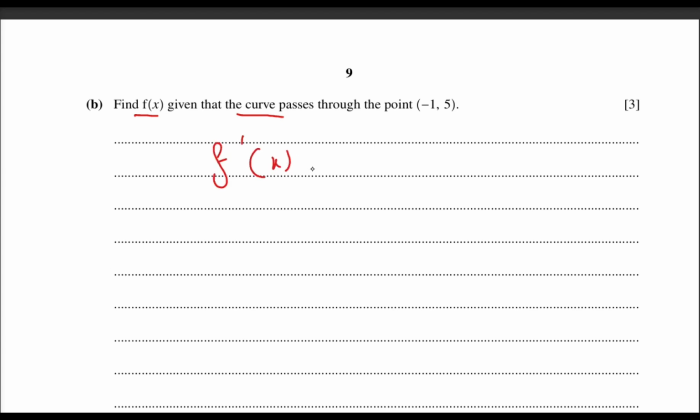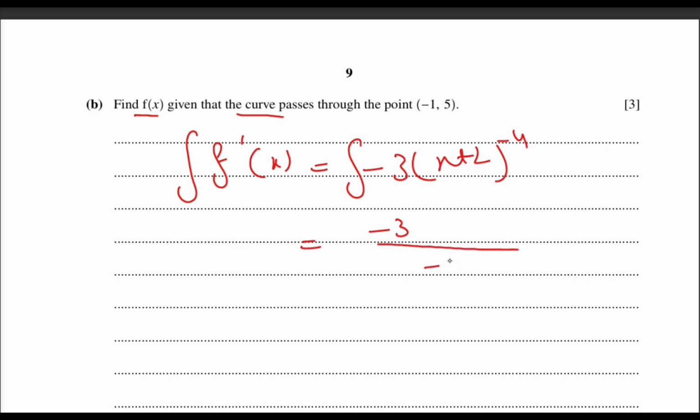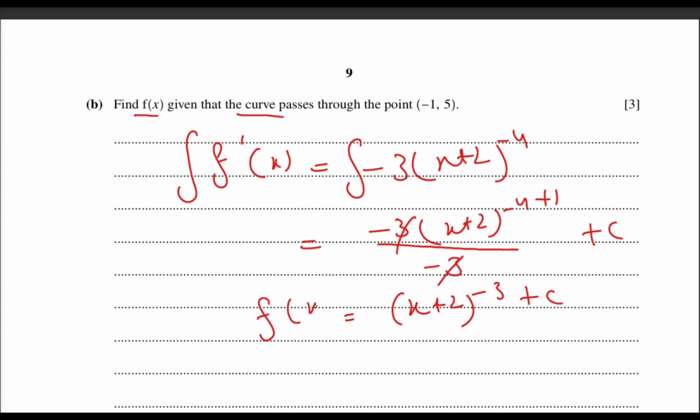Actually it means the differential of x, so we will have to integrate this whole function minus 3 x plus 2 whole power minus 4. By integrating we will get minus 3 x plus 2 to the power minus 4 plus 1, plus c. So as a result, minus 3 will be cancelled out, and we will have x plus 2 whole power minus 3 plus c, and here we have f of x as it was already integrated.